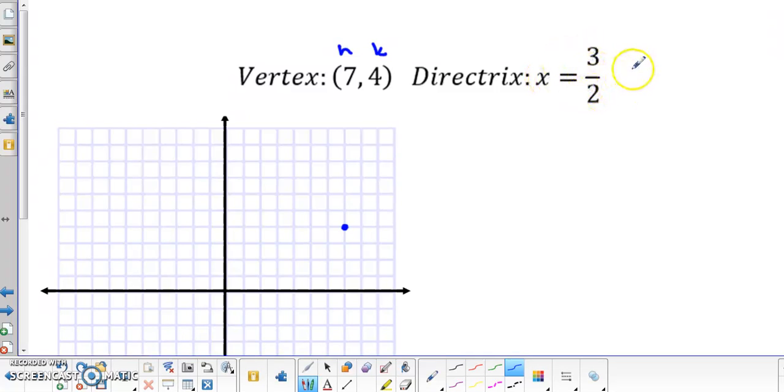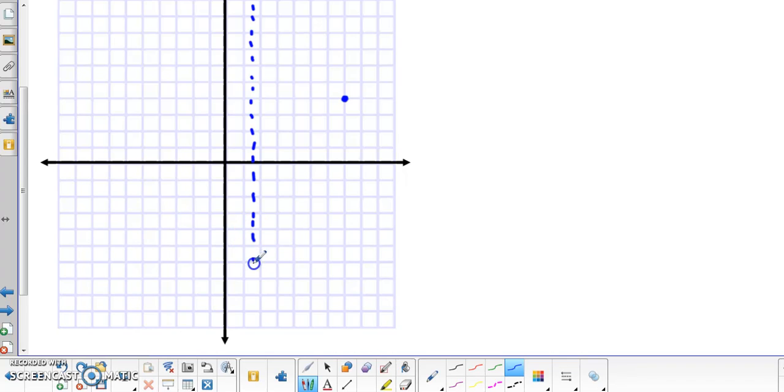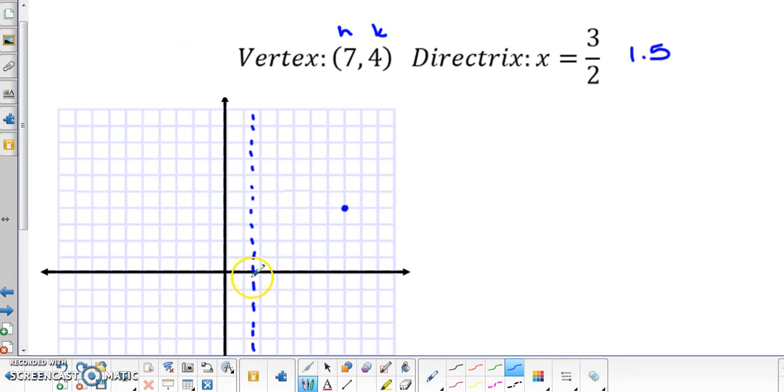That's at 3/2, so 3/2 equals 1.5. So this means my x value is going to be 1.5 for every single x value. So it's going to be about right here, halfway between that 1 and 2, touching the x-axis right there. That's how I know it's going to be this one. It's touching the x at 1.5.